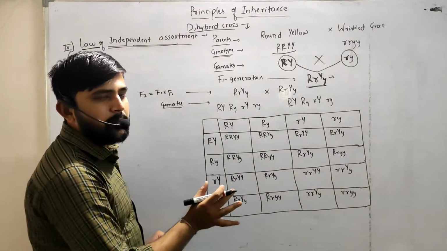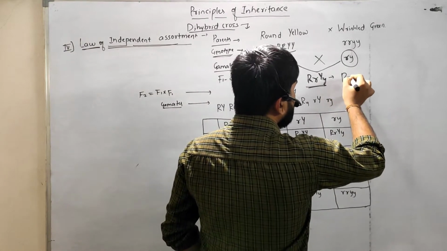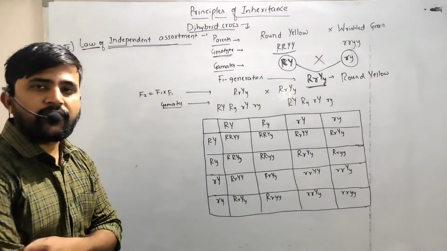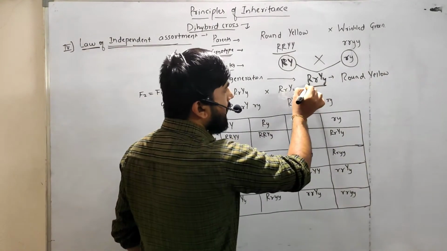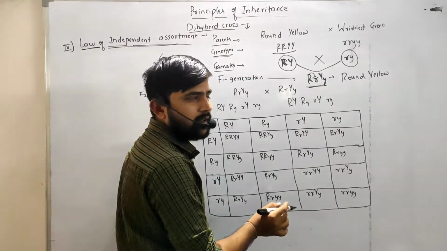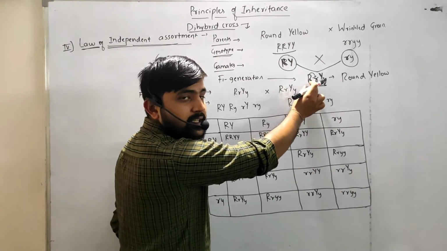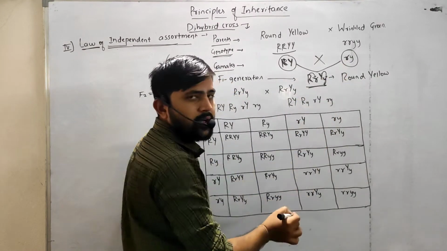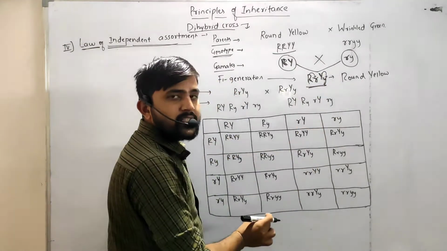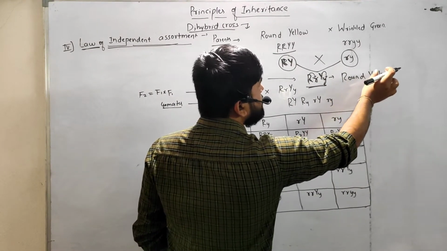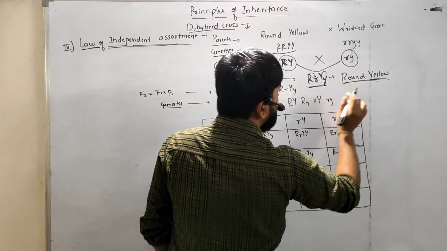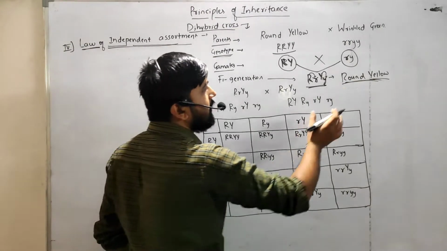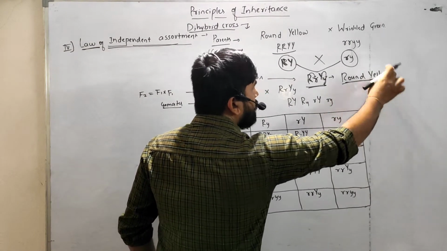The phenotype of the F1 generation is round yellow, because capital R is dominant over small r and represents round, and capital Y is dominant over small y and represents the yellow color. That's why in the F1 generation, all the offsprings have round seed with yellow cotyledons.